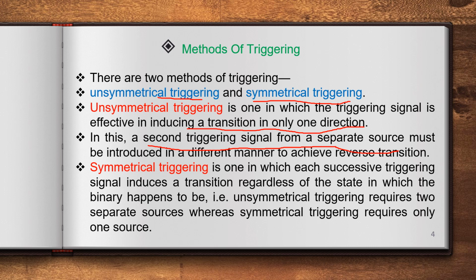Symmetrical triggering is one in which each successive triggering signal induces a transition regardless of the state in which the bistable multivibrator happens to be. That is, unsymmetrical triggering requires two separate sources, whereas symmetrical triggering requires only one external source.